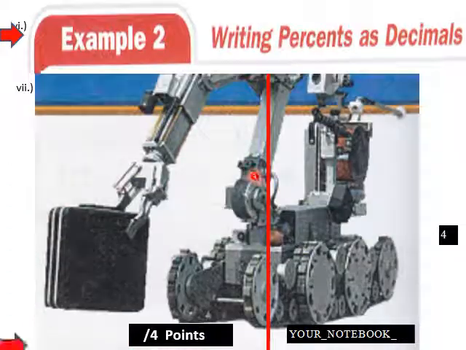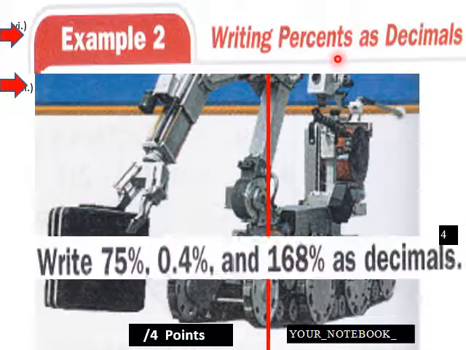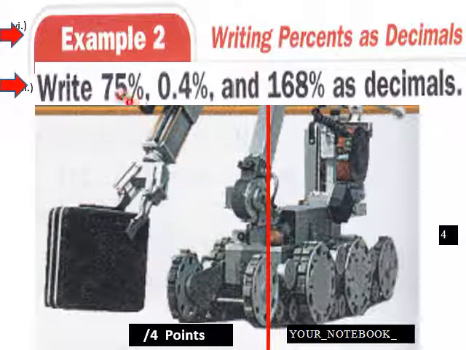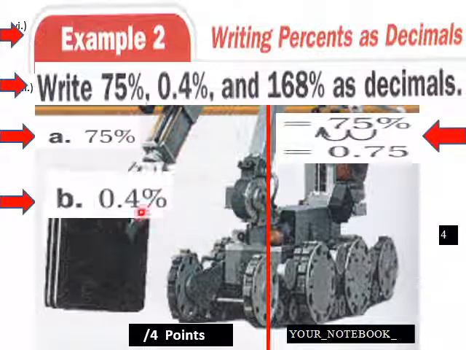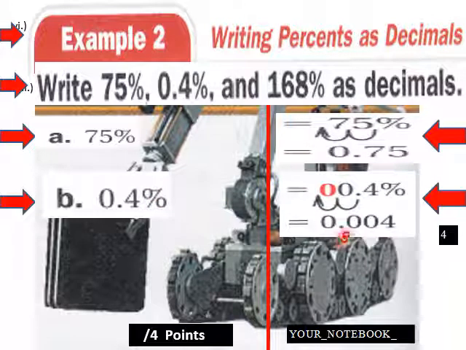Okay, for our next example here, example 2, writing percents as decimals. Write 75%, 0.4%, and 168% as decimals. So how will we do that? For 75%, remember we have the percent sign. So to do that, we just reverse the process. We move our decimal point to the left 2 places, take away our percent sign, and we have 0.75 for 75%. And then for 0.4%, again, we do the same thing.